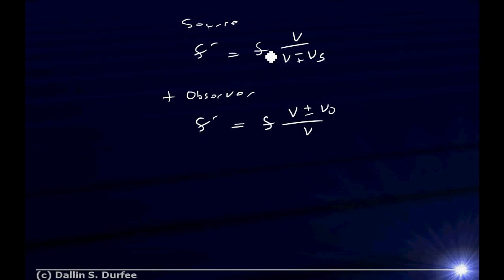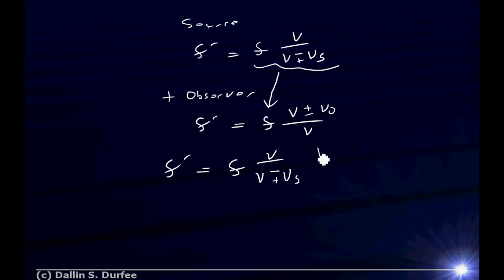What we're going to say is, look, the frequency's already messed up because the source is moving. It changes the wavelengths in the medium. Then we take this and plug that in as the frequency that the observer is going to hear, only now the observer is moving, so it gets shifted again. If we plug that in, we get f prime equal to f v over v minus or plus v source, times v plus or minus v observer over v, and those cancel out.